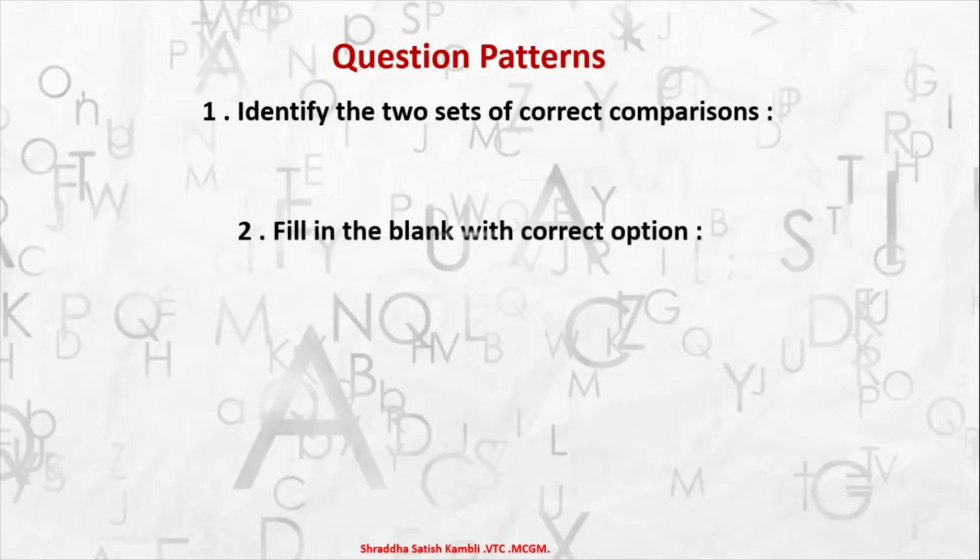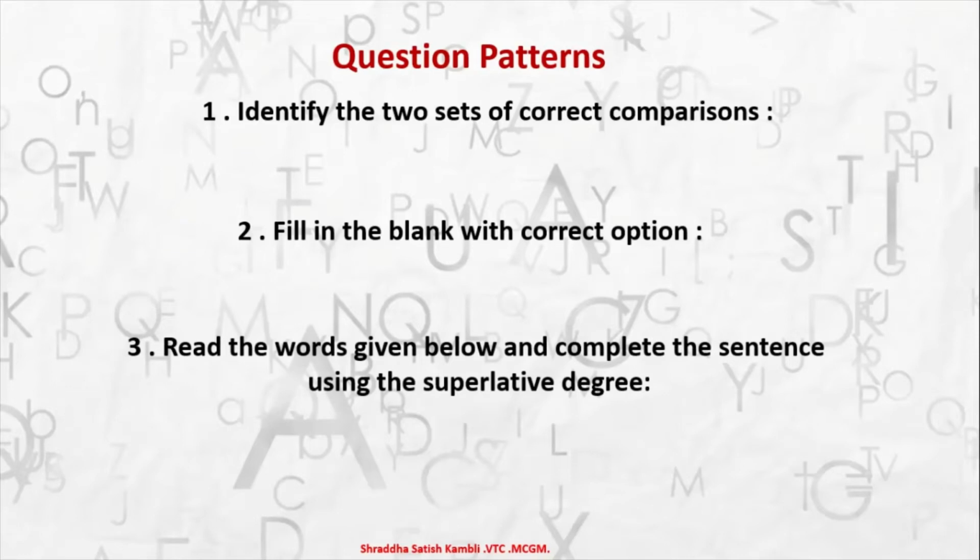Pattern 2 will ask you to fill in the blank with the correct option. In pattern 3, we have: read the words given below and complete the sentence using the superlative degree. You have to be very careful that the point here is not that your answer should have the same meaning as the question.